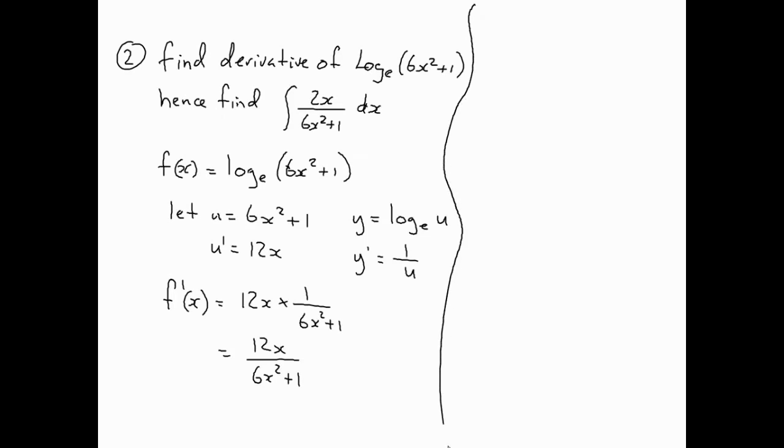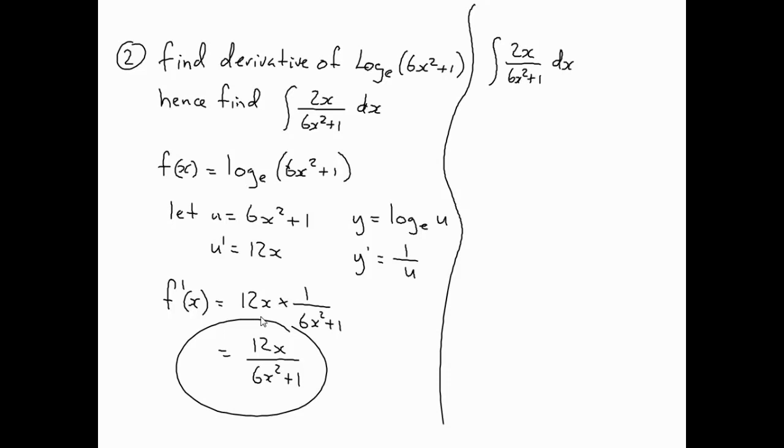So we want to find the antiderivative of 2x on 6x squared plus 1. Now you look at our answer, and that's not quite 2x on 6x squared plus 1, that's 12x. So how are we going to deal with that?